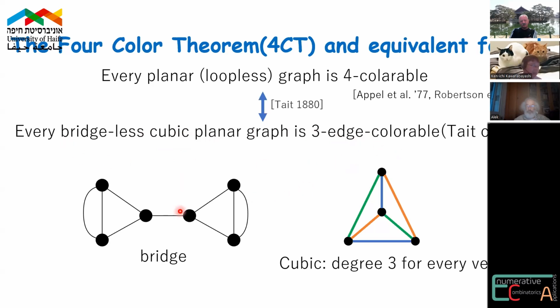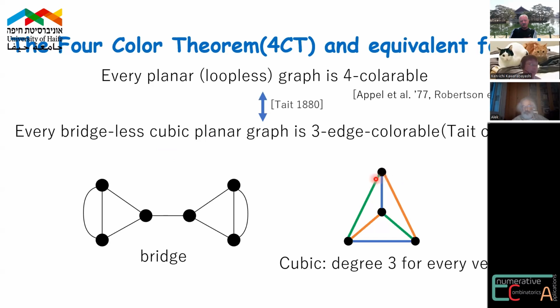Bridgeless means that you can't have a one-edge cut like this. That's called a bridge. Three-edge coloring is basically coloring edges, not vertices. If edges share a vertex, they have to receive different colors.